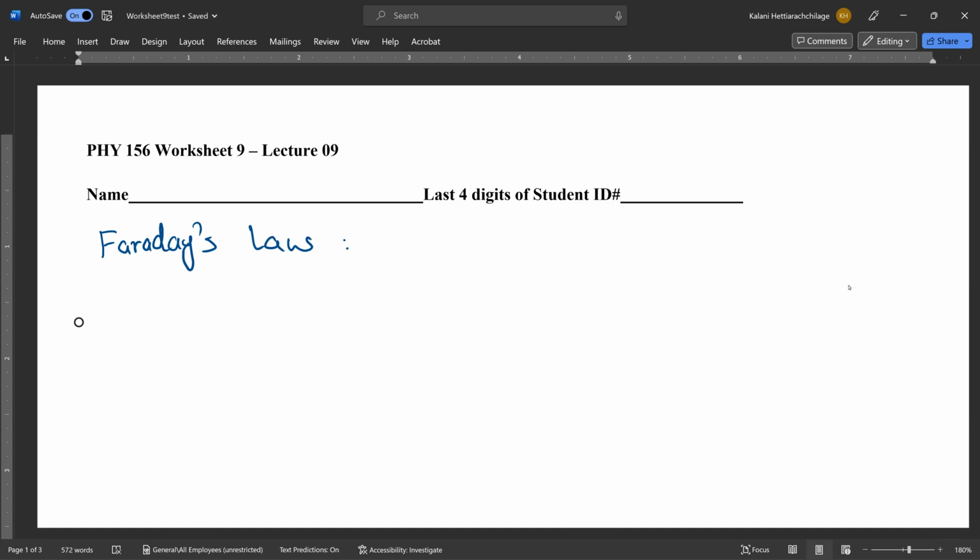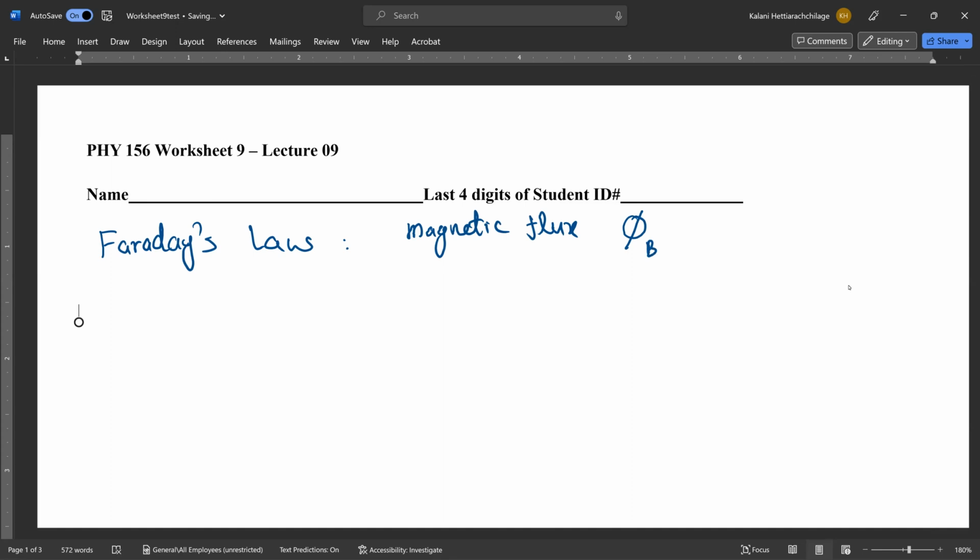You remember that we talked about the electric flux by using the electric field and the cross-sectional area. Similar to that, we should have something changing with time here. That is the magnetic flux. So we use the symbol phi B for magnetic flux.